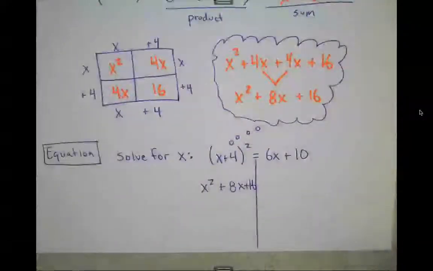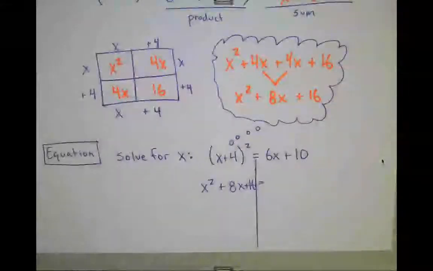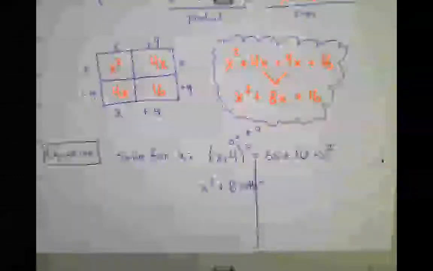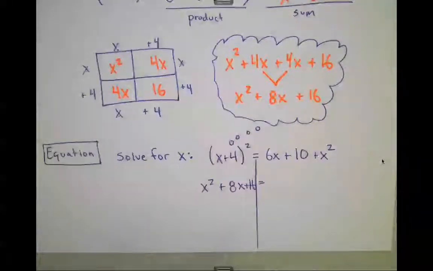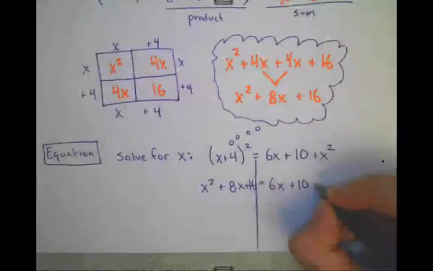And now we're saying it equals 6x plus 10. Oh, I should have done this differently. How about 6x plus 10 plus x squared? Sorry, a little typo on my end. So all of this is equal to 6x plus 10 plus x squared.